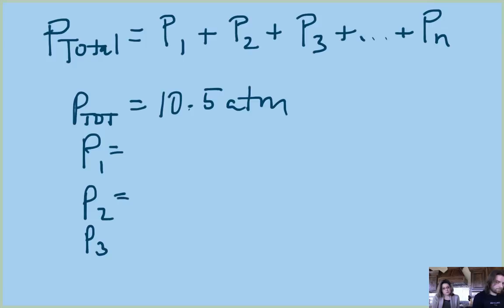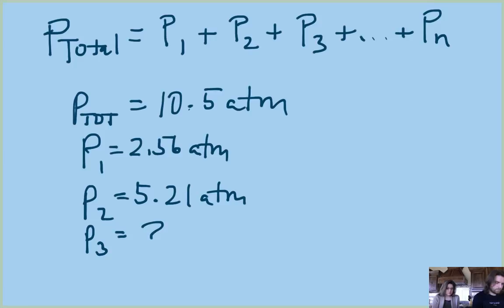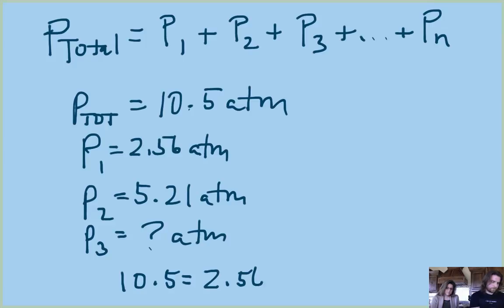P1 is 2.56 atmospheres and P2 is 5.21 atmospheres. Again, we have all the same units, and we are trying to solve for the third one. This is pretty easy. We just set up our equation with our numbers. The total, which is 10.5, is equal to the first one, 2.56, plus the second one, 5.21, plus x.